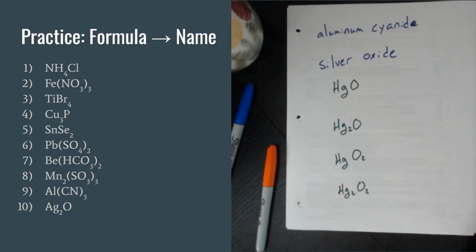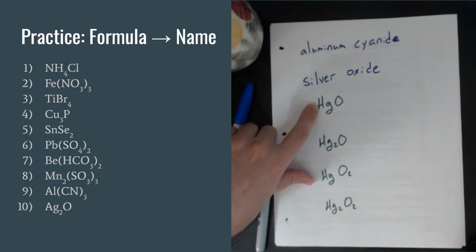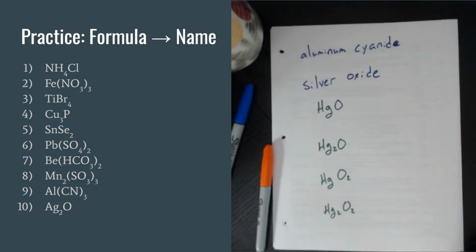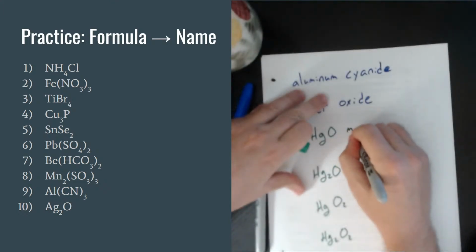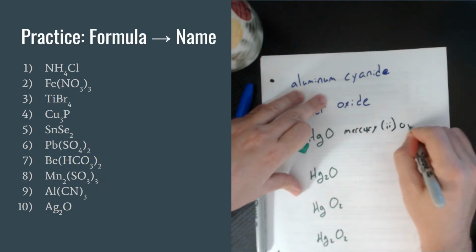The reason I use these is because mercury and oxygen both have a similar sort of thing with their polyatomic ions, in that you have mercury 1, which is Hg2 2+, and you have peroxide, which is O2 2-. So for both of these, you have to be careful in the exact same sort of way. So here we have just a single atom of each, so no need to be worried about what kind of atom you're looking at. This is just going to be mercury 2 oxide.